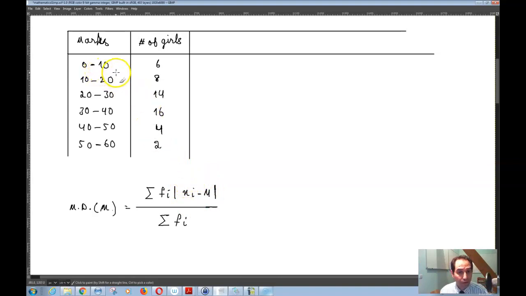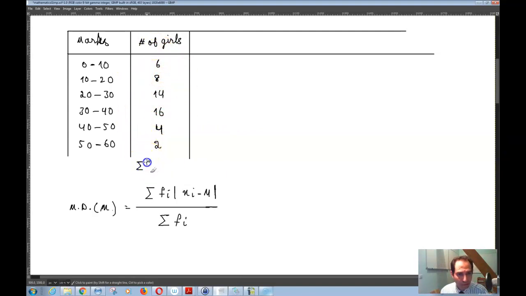Now, to find the median, you need to find basically the observation that falls exactly in the middle of all of your observations. So what that means is that you need to know how many observations you have in total.